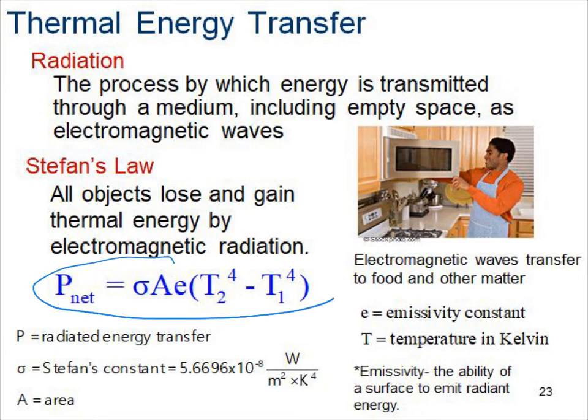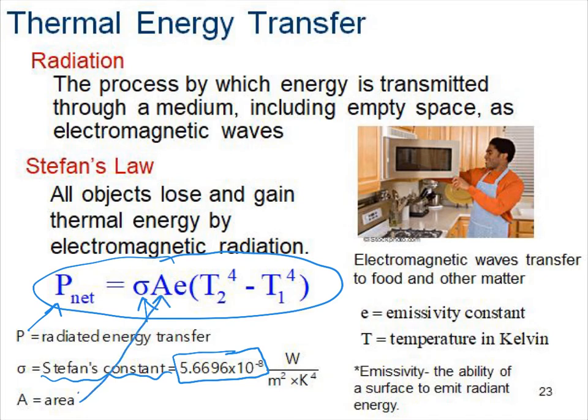Here's our formula. So P represents the radiated energy transfer. Sigma is Stefan's constant, and it's always going to be this super small number, 5.6696 times 10 to the negative 8th.